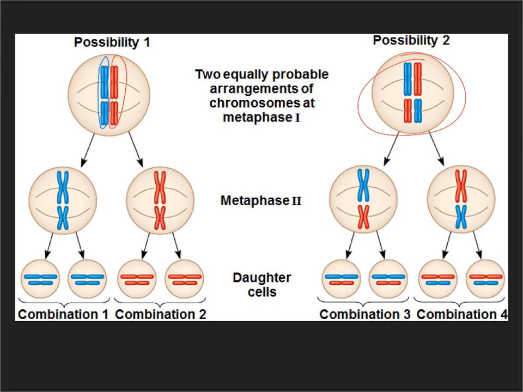Notice how these are both red, so we're getting different combinations in the gametes that were formed because of how they lined up during metaphase 1. Now imagine with human chromosomes, there are 23 pairs of these, not 2 pairs, and there'll be a lot more variation within the gametes formed.